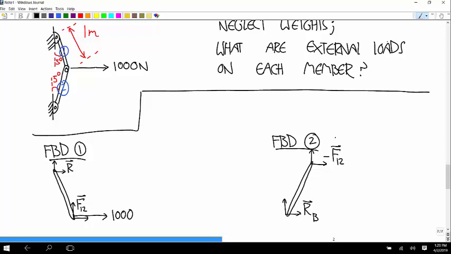Each of these is just a 2-force member. There's no weight, and on each one we just have a force vector at the top and at the bottom. So 2 force vectors on each one. Even though here the force vector is broken up into 2 separate things, that's still just 1 force vector. They're happening at the same point, so you can add them together.